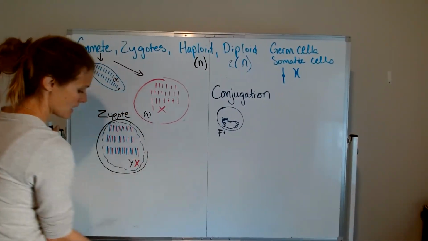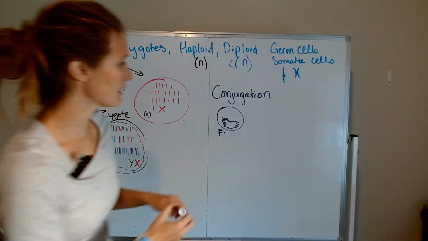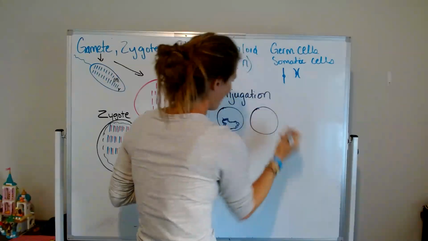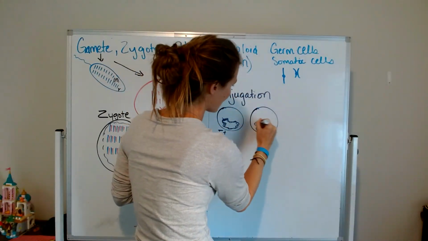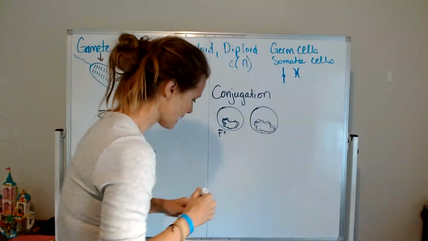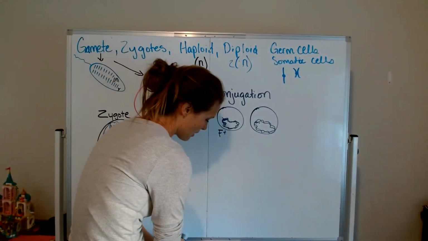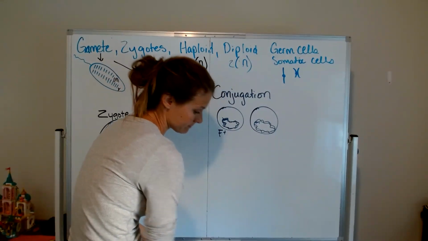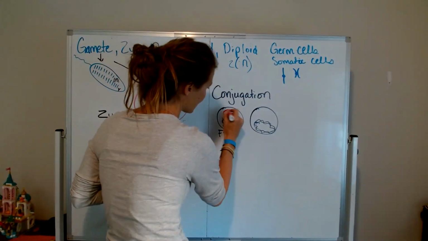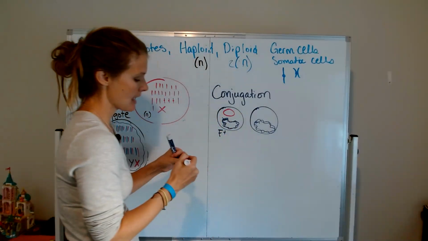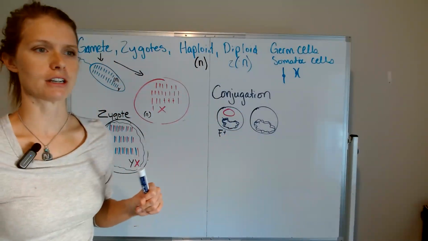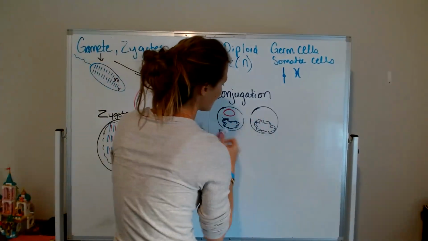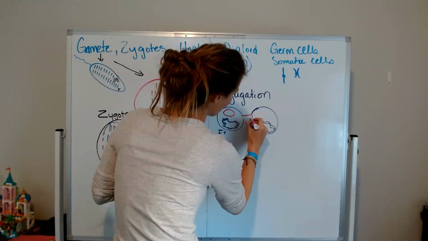Hopefully that makes sense. So with our bacterial cells, we have our 2 bacterial cells here. This one is F positive, which basically means it's fertile. It has genetic information. This is called the pilus. It can create a bridge or a tube.